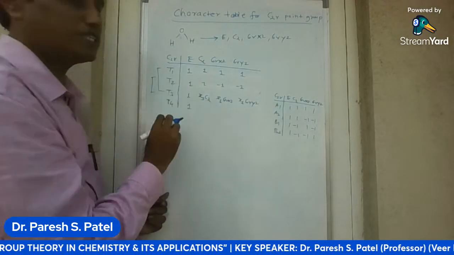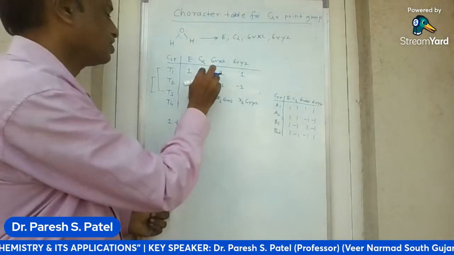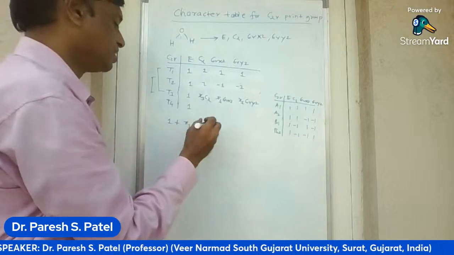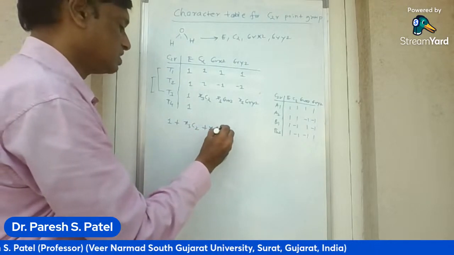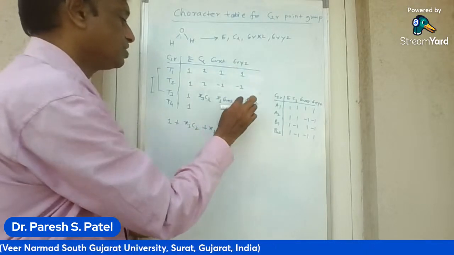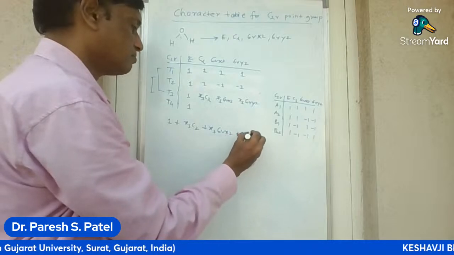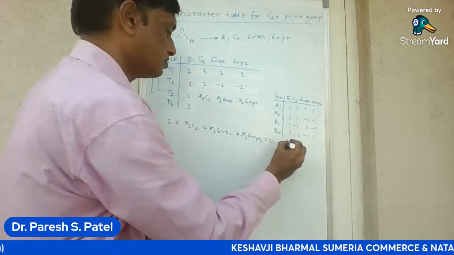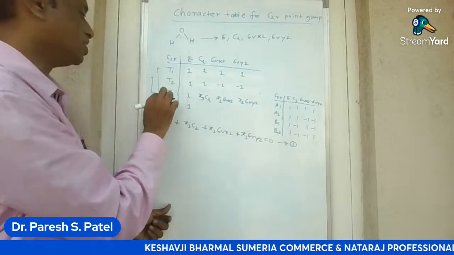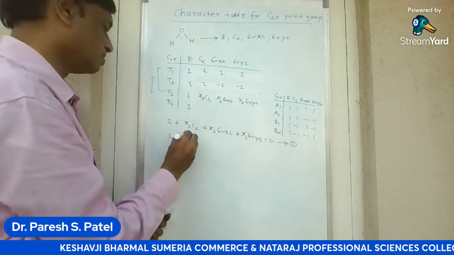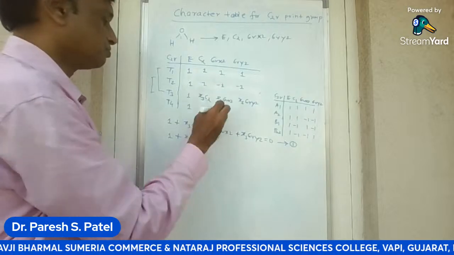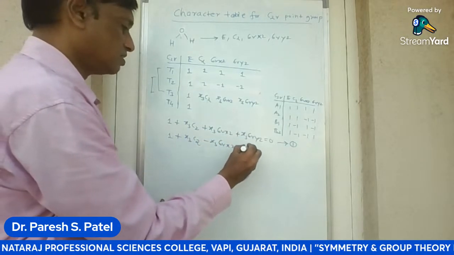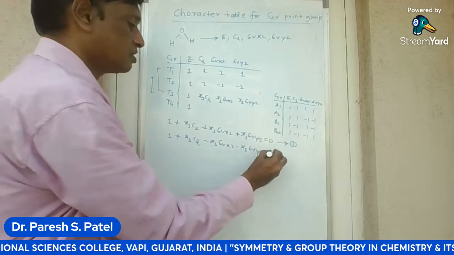Any two irreducible representations are orthogonal to each other. 1 into 1 into character 3C2, 1 into 1 into character 3 sigma v xz, 1 into 1 into character 3 sigma v yz is equal to 0. This is the equation number 1. Similarly, T2 and T3, it means 1 plus character 3C2 minus character 3 sigma v xz minus character 3 sigma v yz is equal to 0.